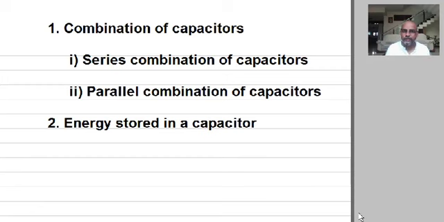Before we go to the combination of capacitors, we have to learn how a capacitor is denoted. In a circuit, we write the capacitor like this: two parallel lines with two leads for connection.